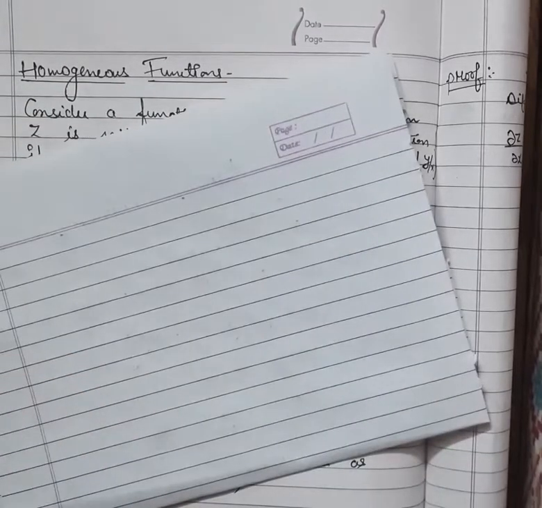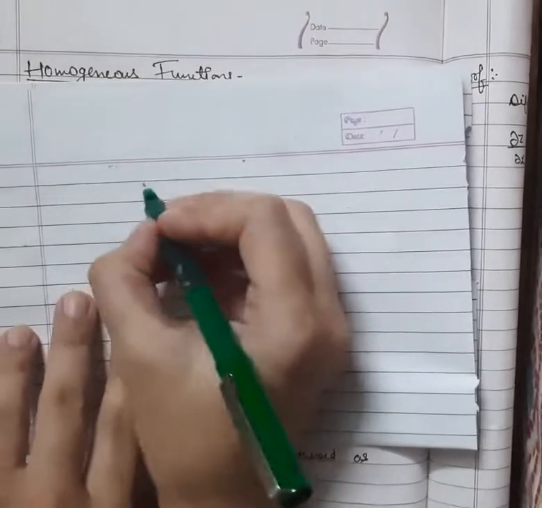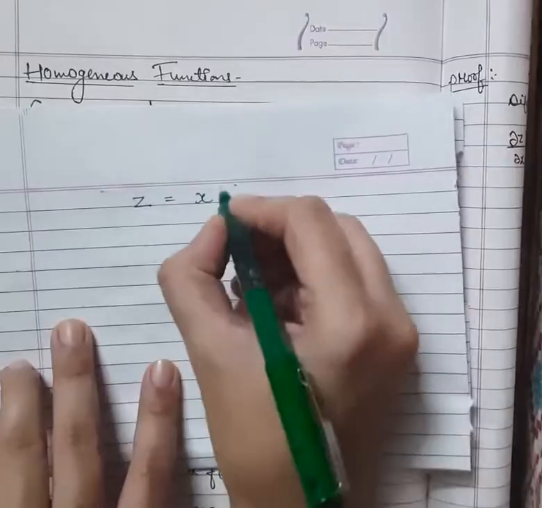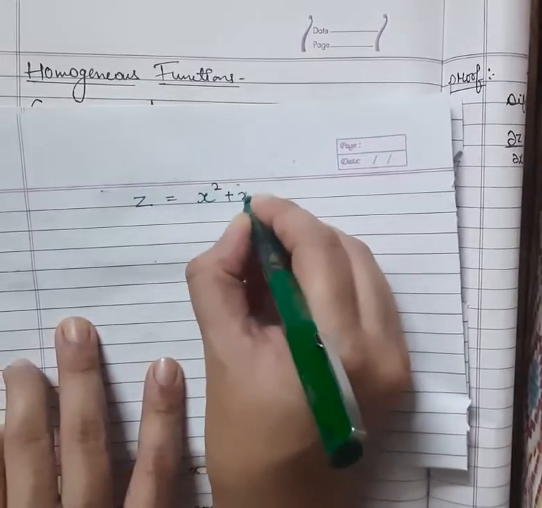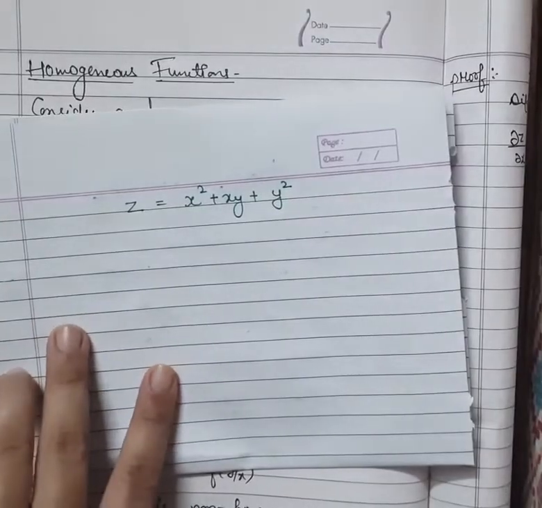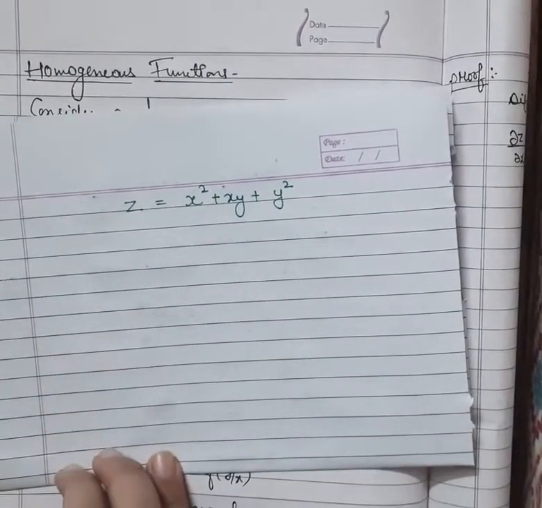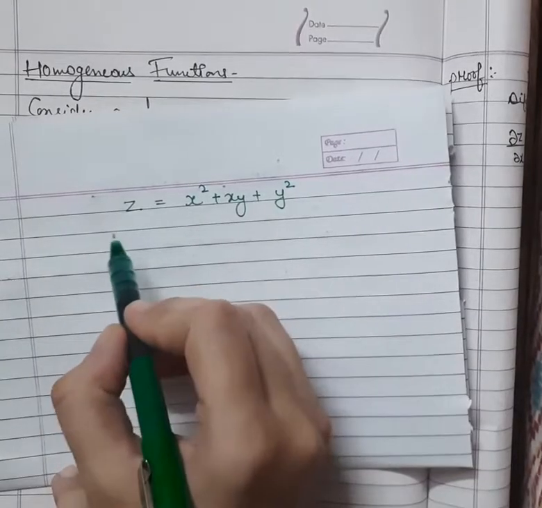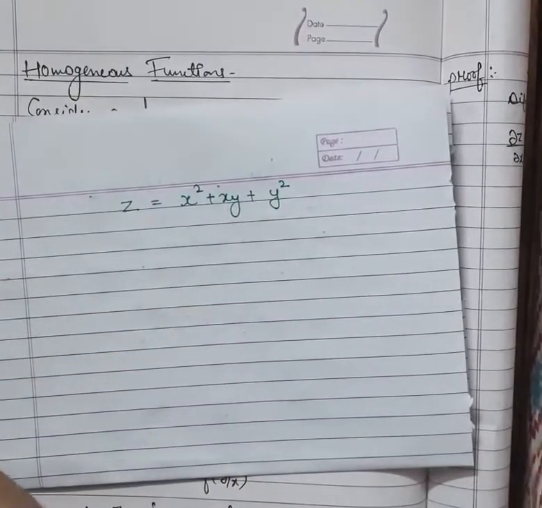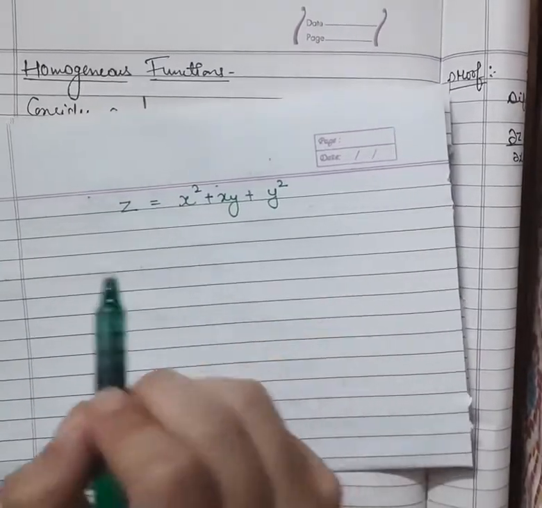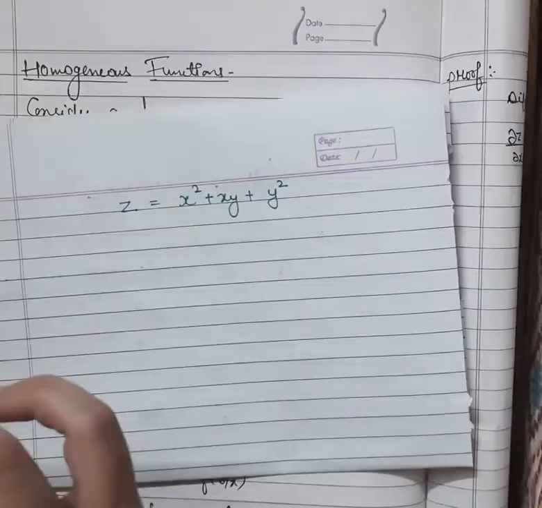For example, let's have a look at a function z defined like this: x square plus xy plus y square. Now this is a function z. We say this function is homogeneous if the degree of each term in this expression is the same. If the degree of every term is the same, then we say this function is homogeneous.